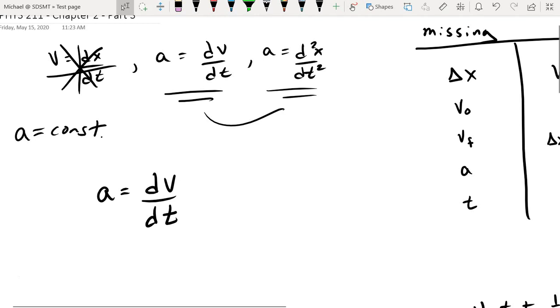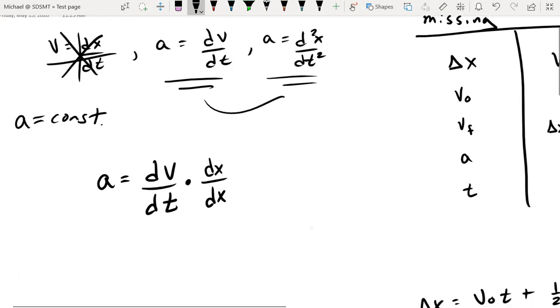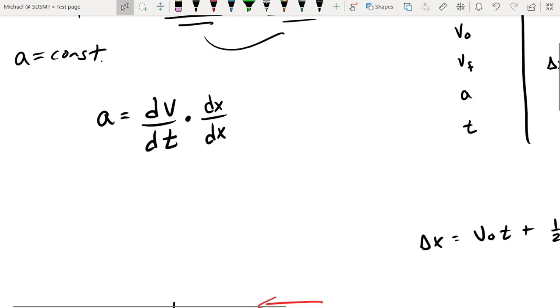If you multiply one side of the equation by a 1, you don't change the expression, you don't change the equality. But that's where the inventive part comes in. I'm going to multiply the right-hand side of this equation by 1. And here's how I'm going to do that. dx over dx. Technically that is 1. And so I have not changed the equality.